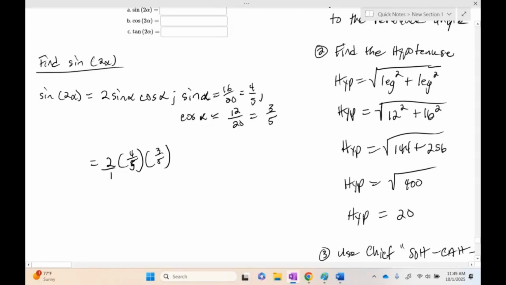We can multiply all of the numerators: 2 times 4 is 8, 8 times 3 is 24. We can multiply all of the denominators: 1 times 5 is 5, times another 5 is 25. And that should be the value for the double angle of sine.